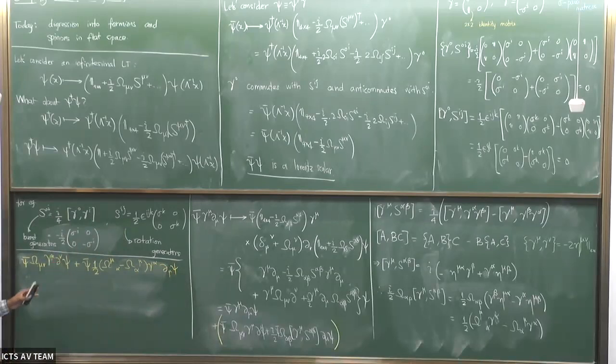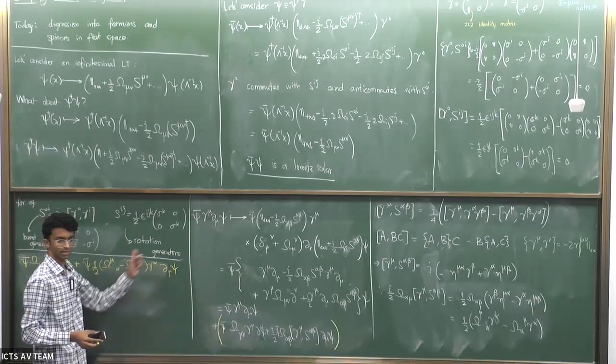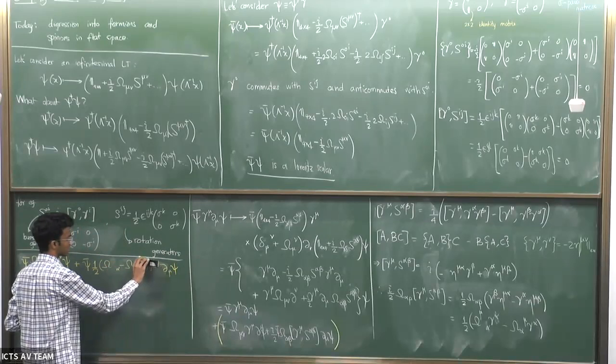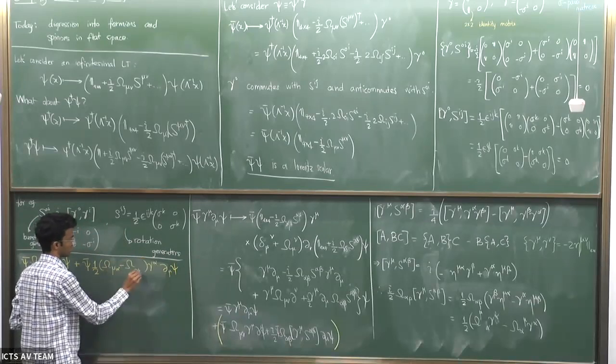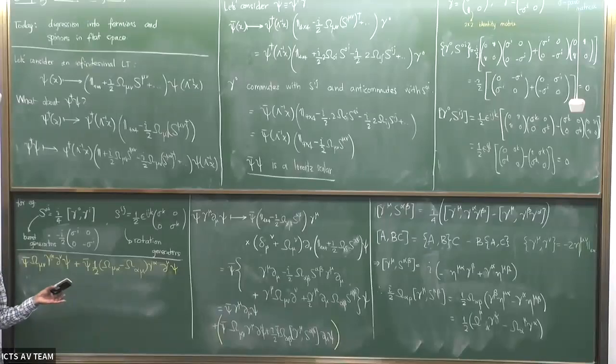Okay. So let me bring this down, bring that up, because I know properties of omega when both indices are down. But omega is antisymmetric.